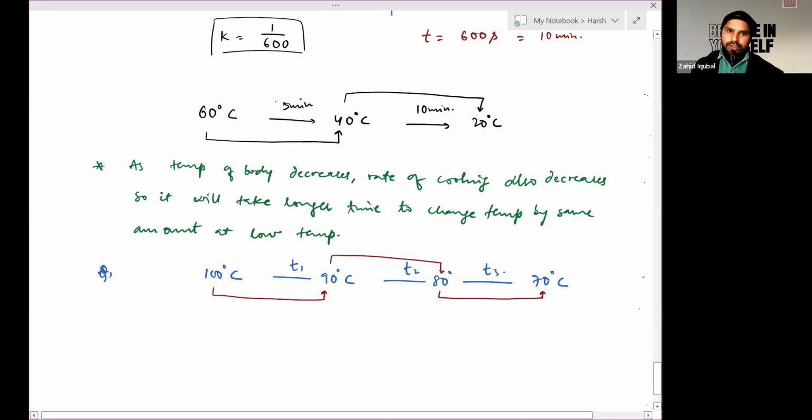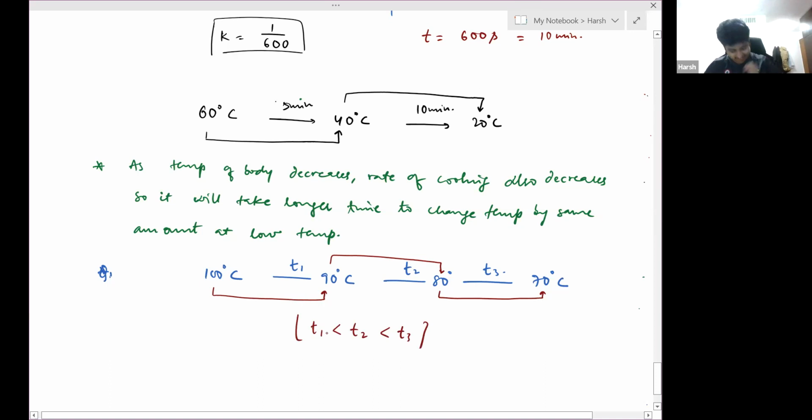Using the above concept, as the temperature of the body decreases, it will take longer time to change by the same amount of temperature. Is it clear? Yes, sir. So we can say T3 will be maximum and T1 will be minimum. Okay, just write it down.